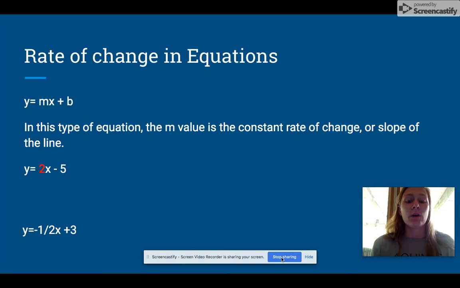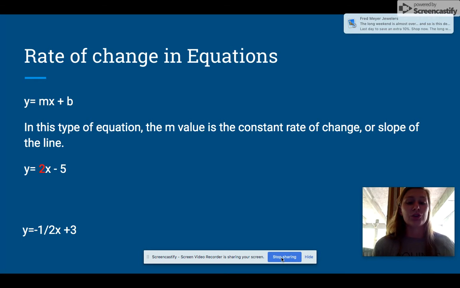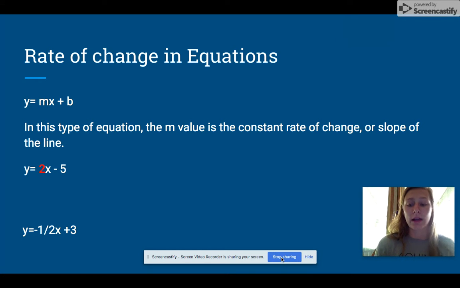So for equations, we have the y equals mx plus b example. In this type of equation, the m value is the constant rate of change or slope of the line. I have it highlighted in the next line: y equals 2x minus 5. The 2 is the constant rate of change.